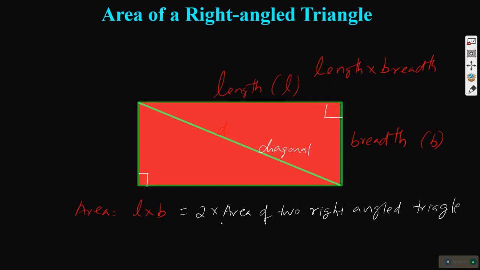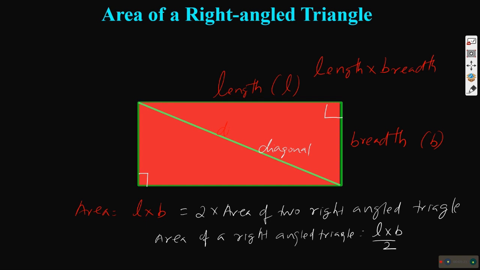That means if you need the area of one right angled triangle, what will you have to do? From this construction, we will write half of it, that is length into breadth upon 2.